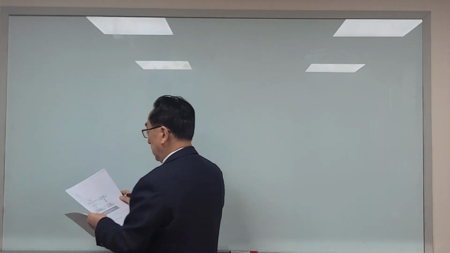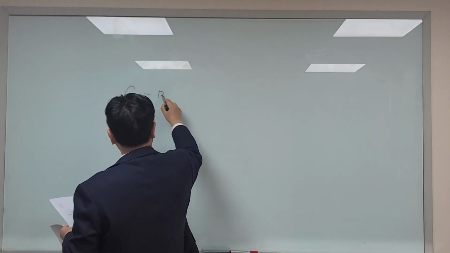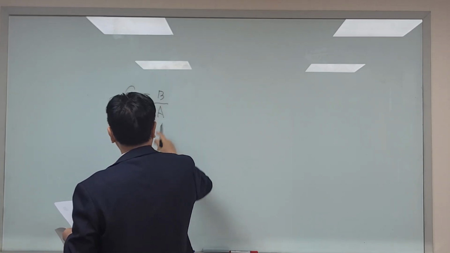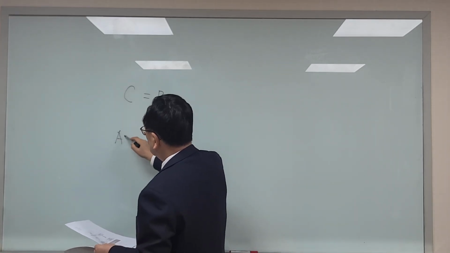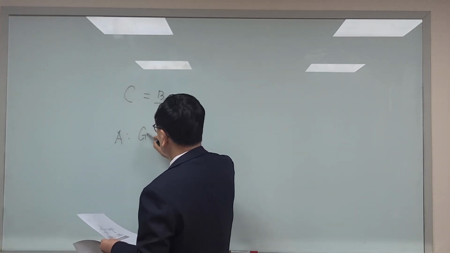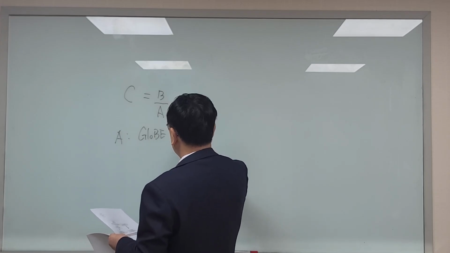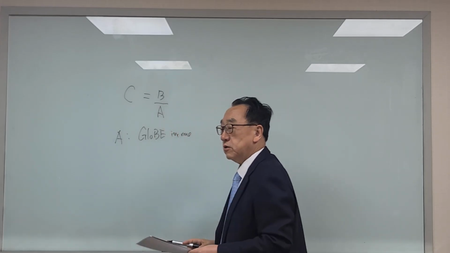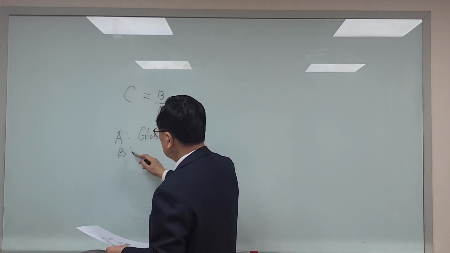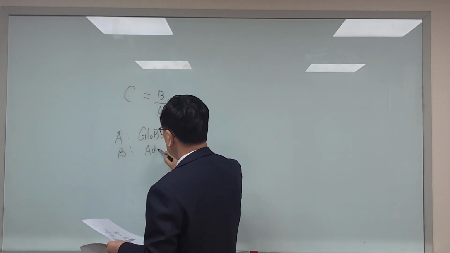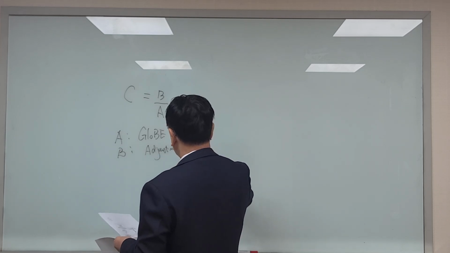The formula is C equals B divided by A. A means global income of a constituent company. B is the adjusted tax.